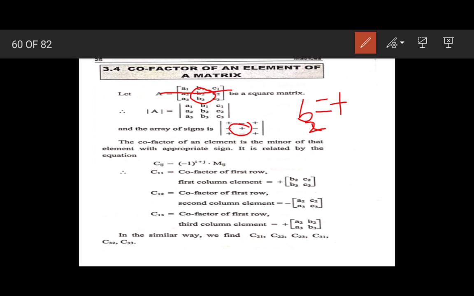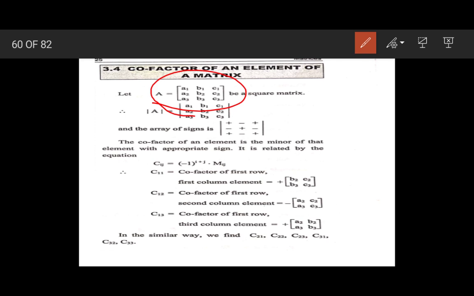The position of B2 is second row, second column, right? After deleting second row, second column, we get the determinant of A1, A3, C1, C3, right? Then find the determinant of A1, A3, C1, C3. Similarly we have to find the determinant of all elements of matrix A.